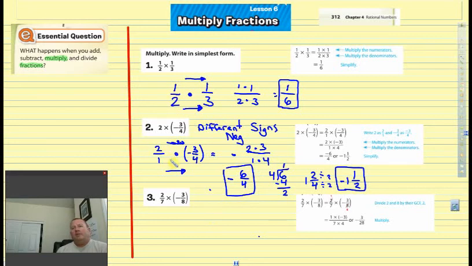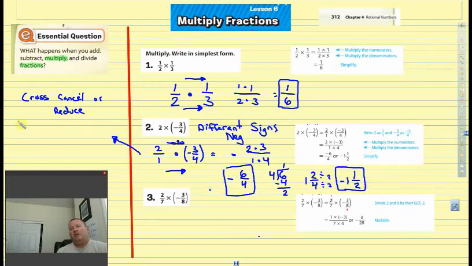Okay, I'm going to show you something over here. So that's my answer if I don't do any cross cancel, or reduce. I have to do it at the end. Or if I don't get all of it, I have to do it at the end. Or simplify it. So this is what I mean by that.